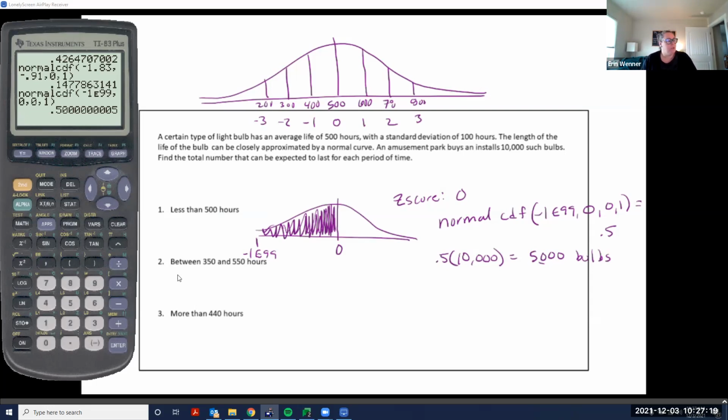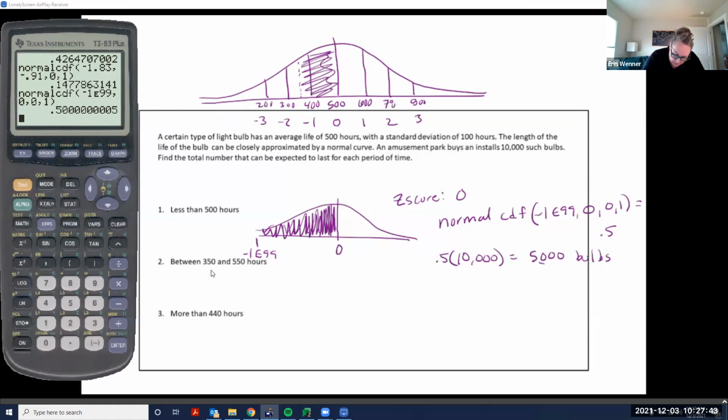So for number 2, it says between 350 and 500 hours. So if we were to look at our graph up top, it's going to be this space over here on the left, sort of right in here, right? But we don't know what those Z-scores are that are associated with that.